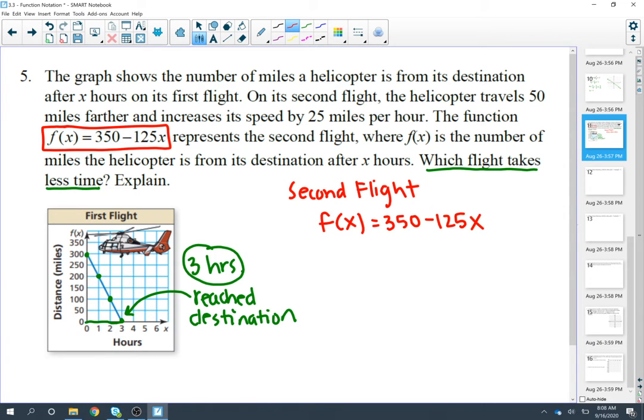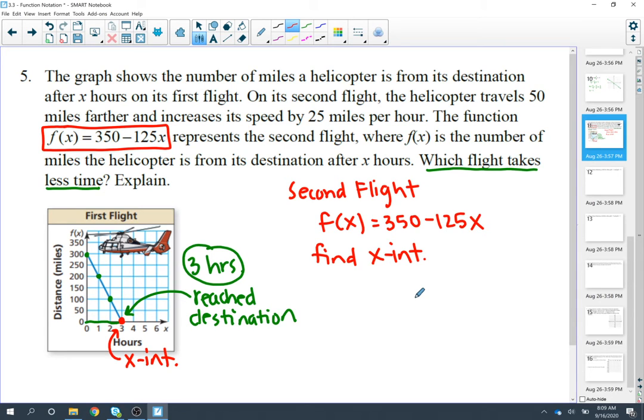Well, if I come over here and look at the graph here, this point represented when it had reached its destination. So do you notice that this point is the x-intercept? So if the x-intercept is going to tell me when the flight has reached its destination, really what I want to find over here is the x-intercept. Do we remember how to do that?